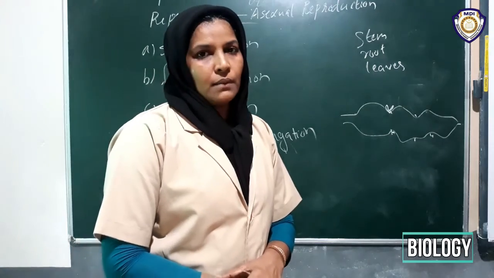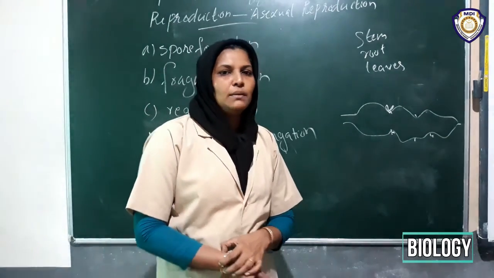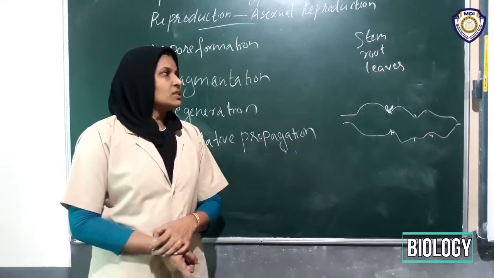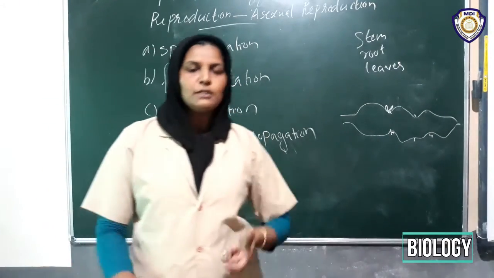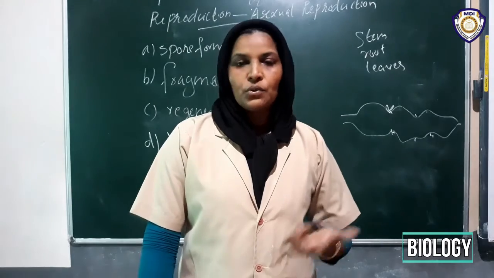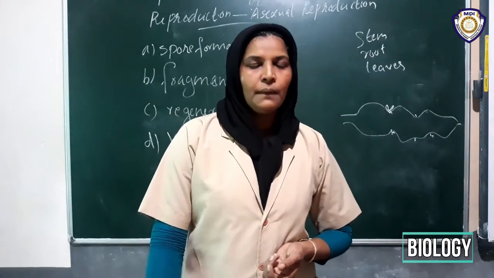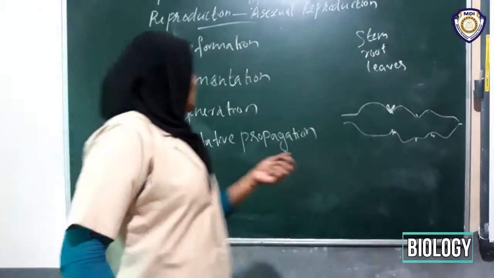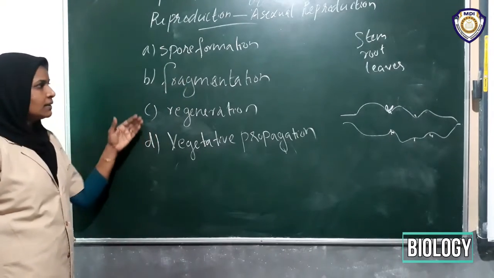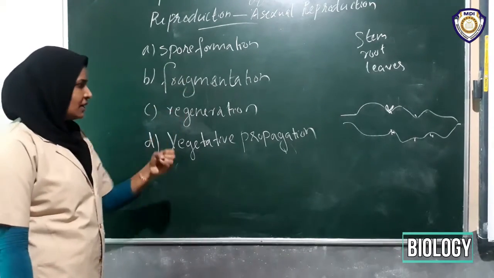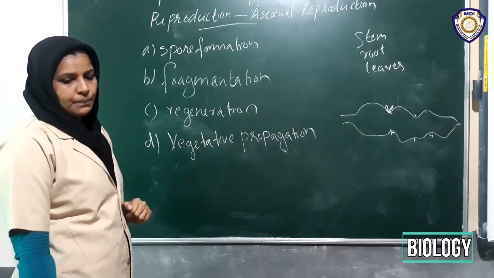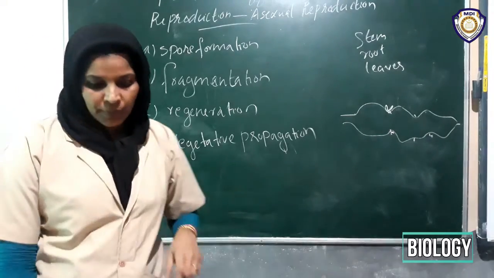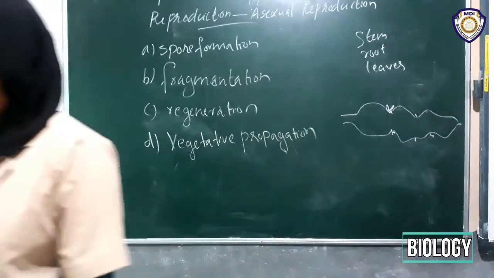Study all the diagrams and practice drawing them. Next, budding, two types of budding. Then spore formation. Now we have studied fragmentation, regeneration and vegetative propagation. So that's all about asexual reproduction.